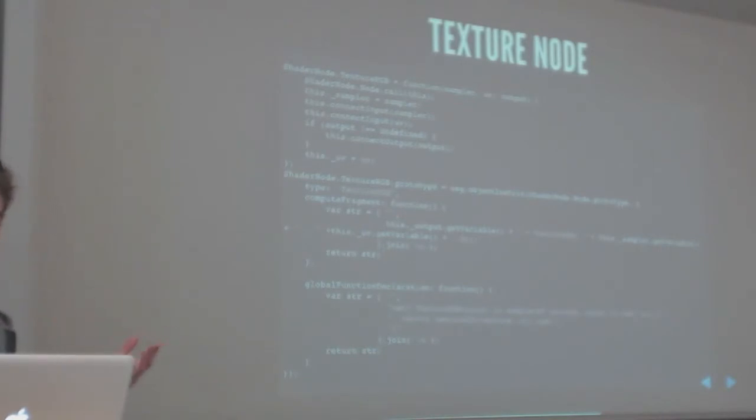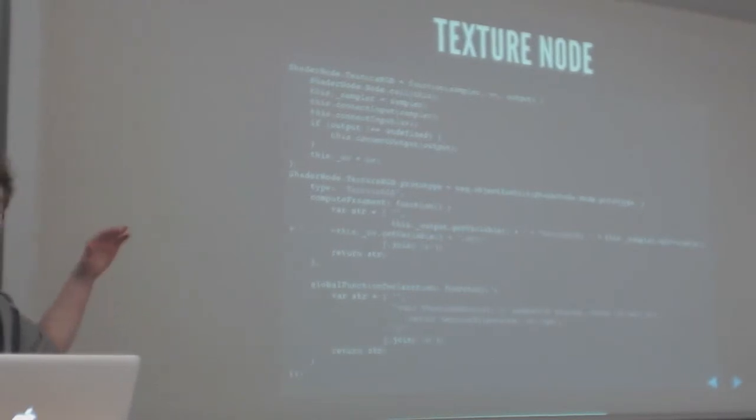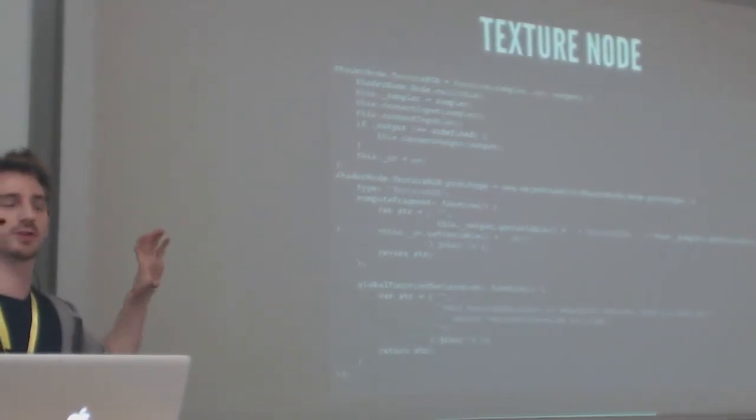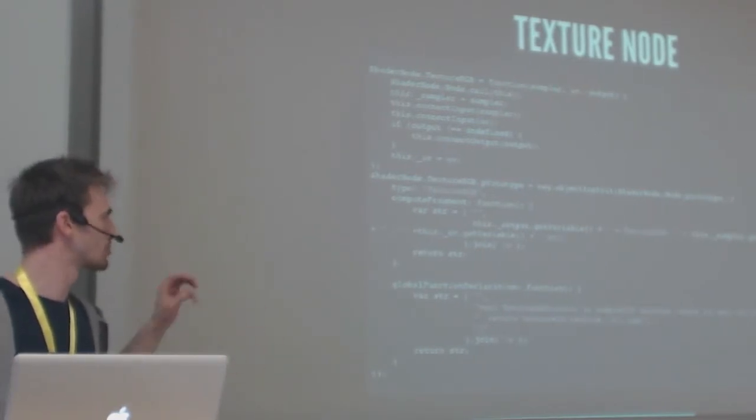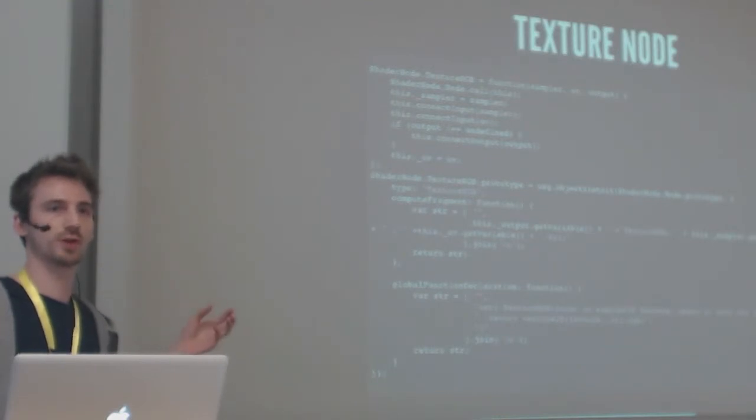When we parse the tree, we call the compute fragment and the global function declaration. There are different types of traversing. The first is to declare the global function declaration, so you generate the top header of the fragment shader, and then you do another pass to compute the real code that the function node will generate.